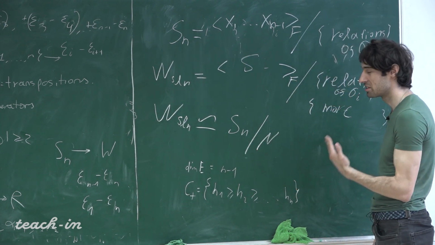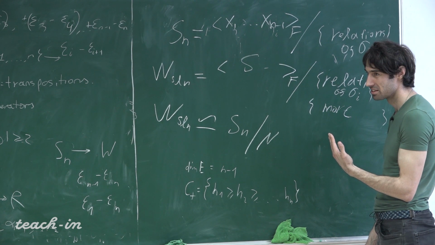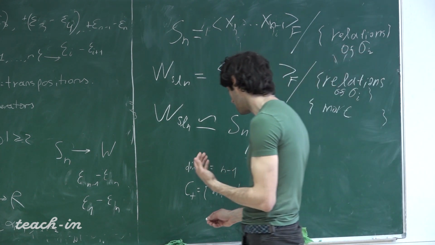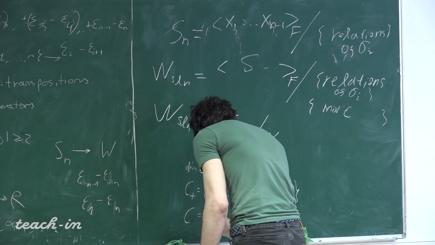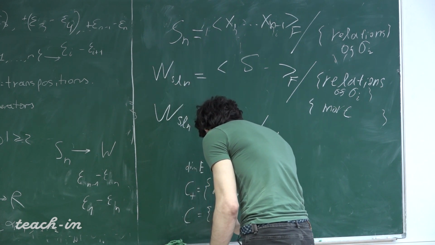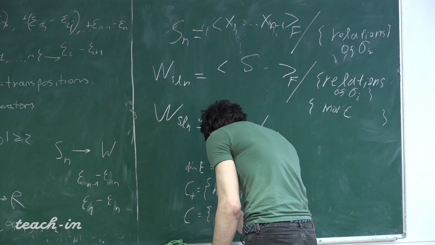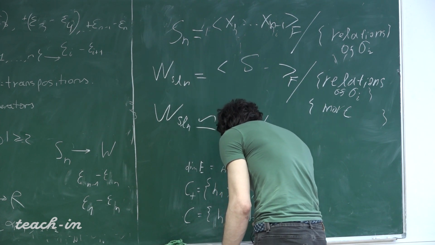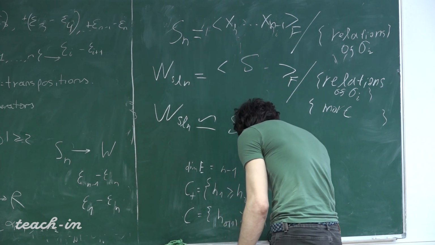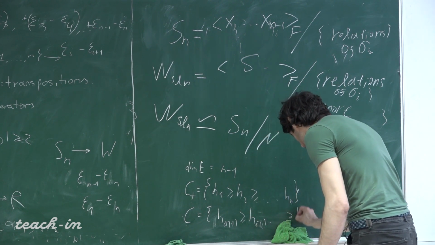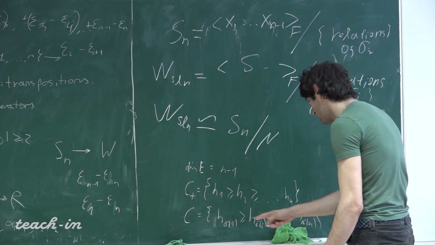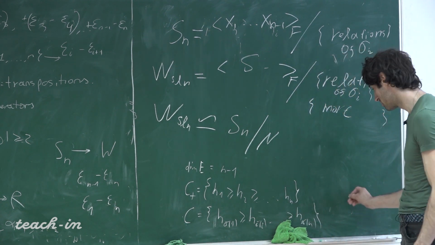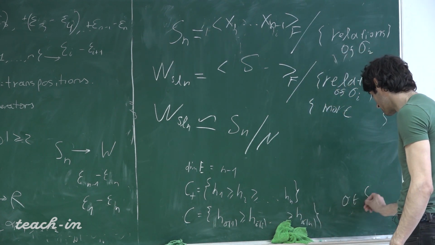I claim that this is C+. And then any other chamber is given by the following: H sigma of 1, H sigma of 2, and so on, H sigma of n, where sigma is some permutation in Sn.